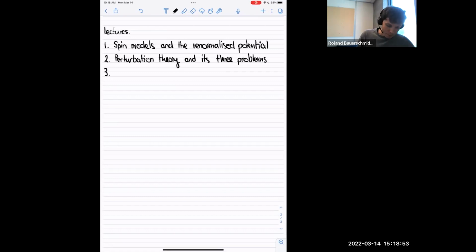In the third lecture, my plan is to introduce what is called the finite range approach to the renormalization group.